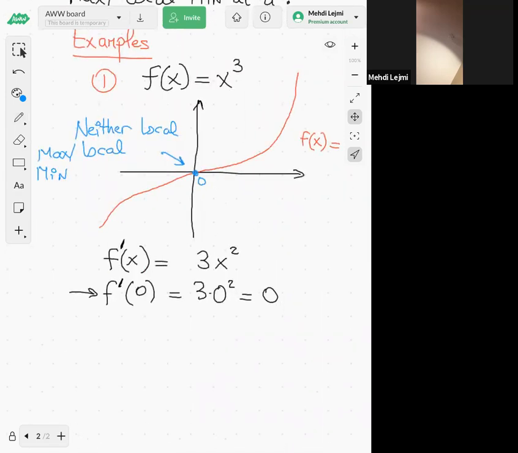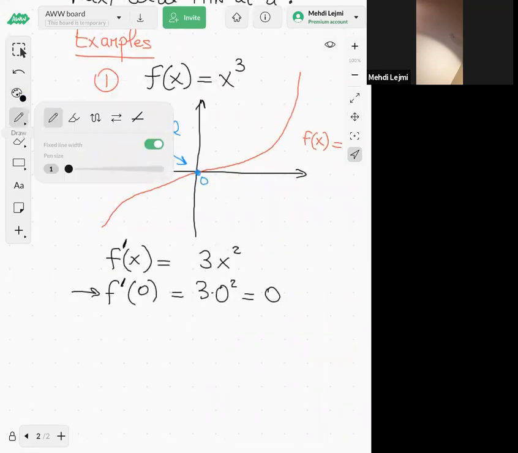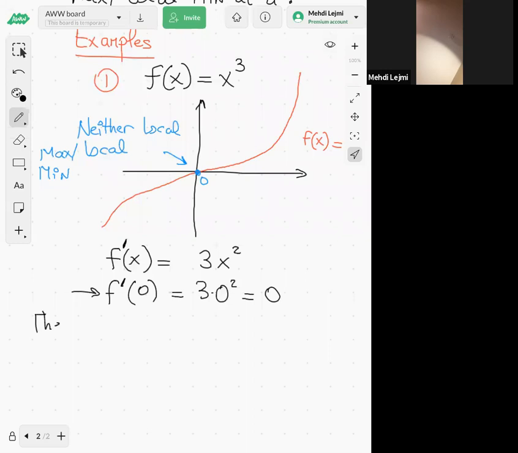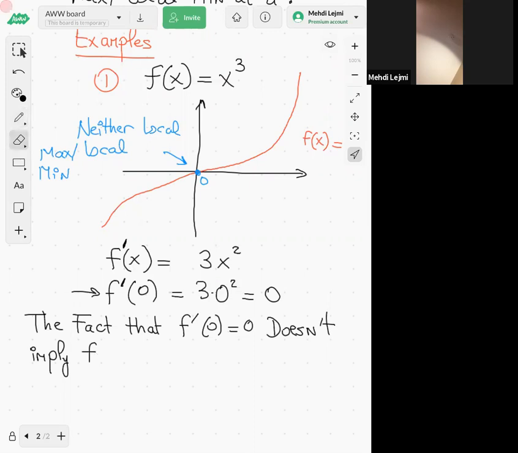So the fact that f prime of 0 is equal to 0 doesn't imply that f of x has a local maximum or local minimum at 0.